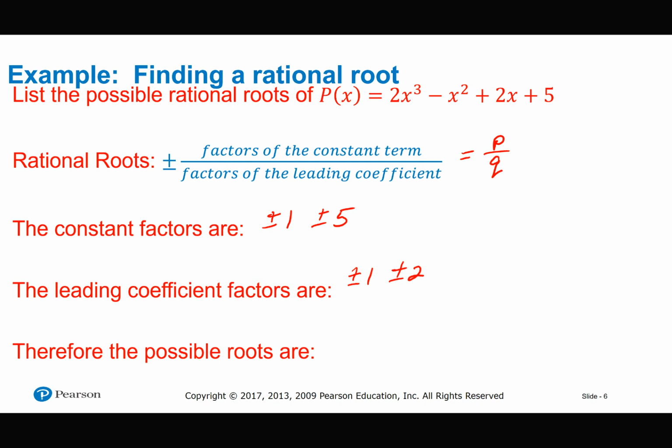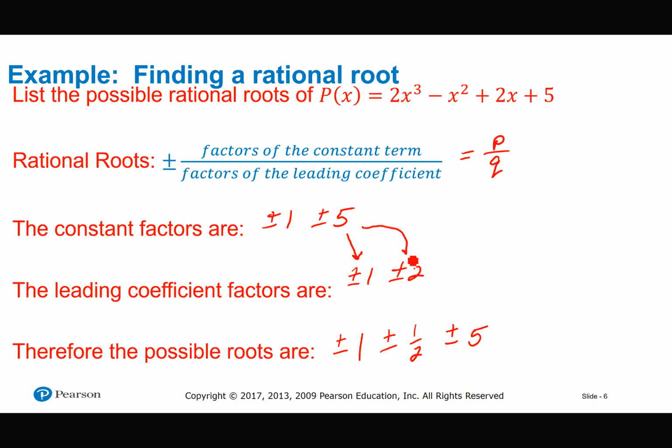So my factors of my constant term. So this is plus minus 1 divided by 1. So I would just write that as 1. Plus minus 1 divided by 2, because I'm going this one divided and then this one divided. But then I also have to do 5 divided by 1, so that's just plus minus 5.